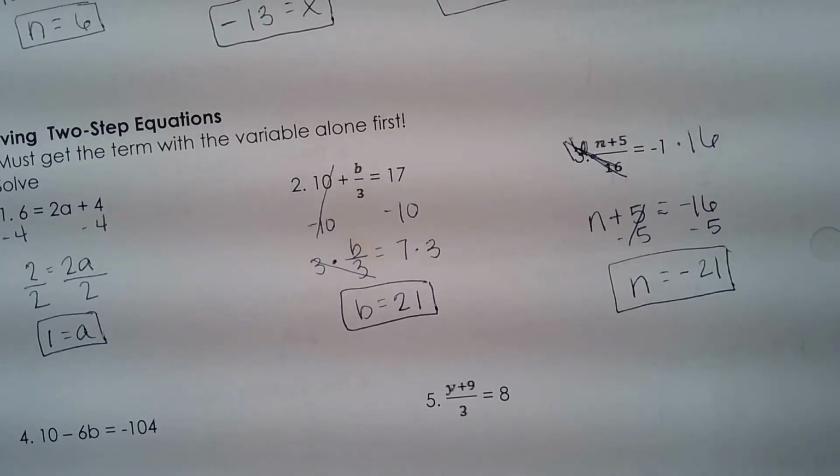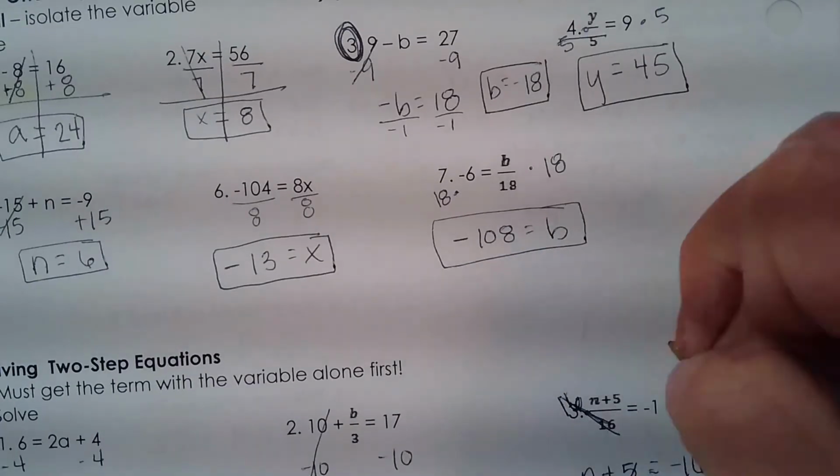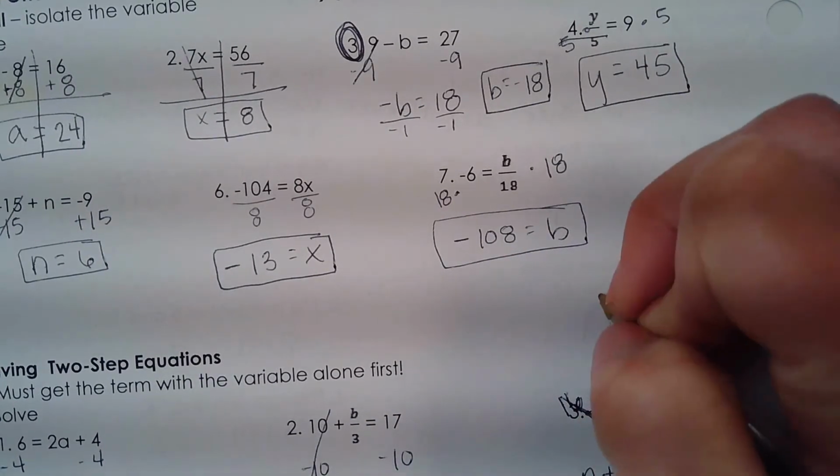Does that make sense? So can we write that somewhere? I'm going to write it over here. So I'm going to draw an arrow.